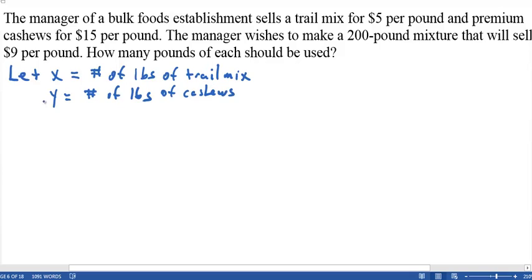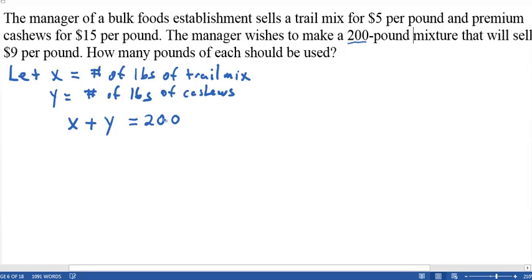So again, the first equation is going to deal with the total number of pounds that we're making. Since we're making 200 pounds, the number of pounds of trail mix, x, plus the number of pounds of cashews, y, equals the total number of pounds that we're making, which is 200 pounds.